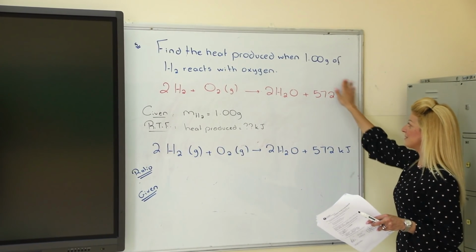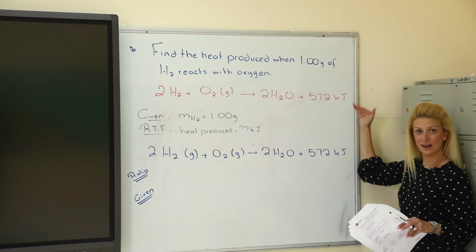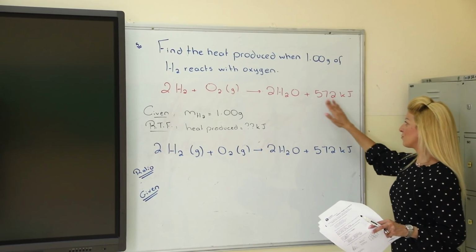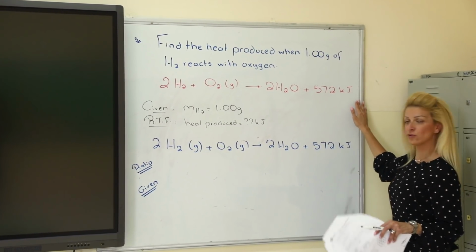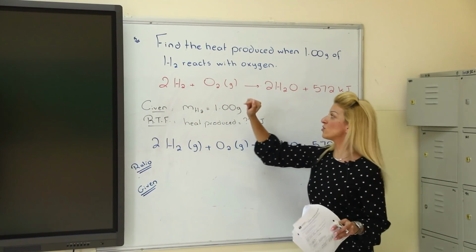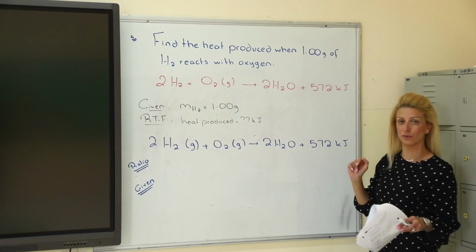So this is the energy term in the equation, and since it's on the right side, it means heat is produced in this reaction, and 572 kilojoules of heat are produced when 2 moles of hydrogen react with 1 mole of oxygen to give 2 moles of water.